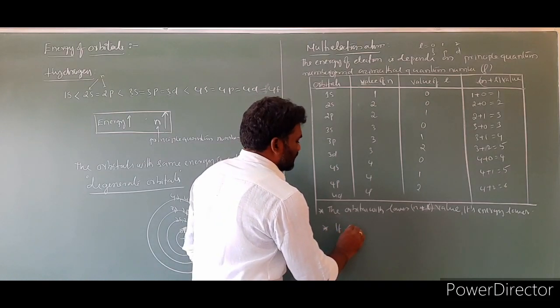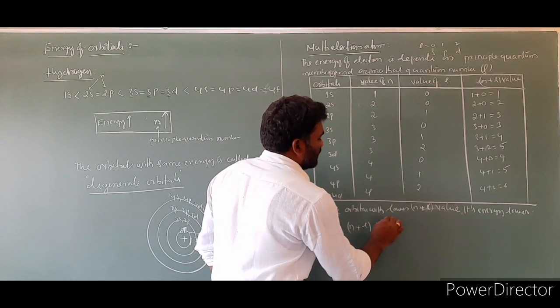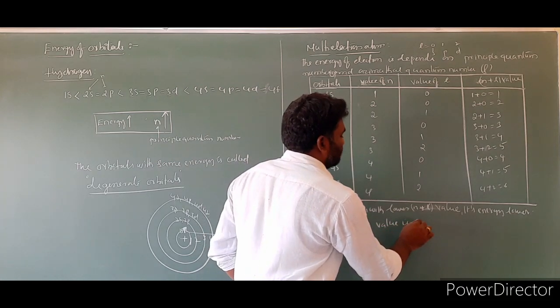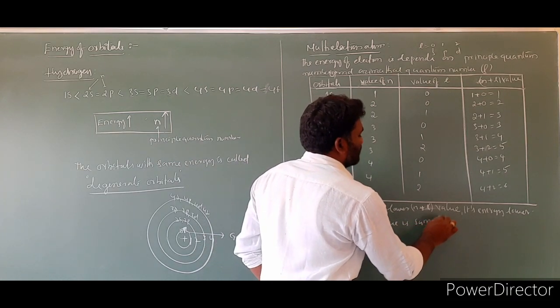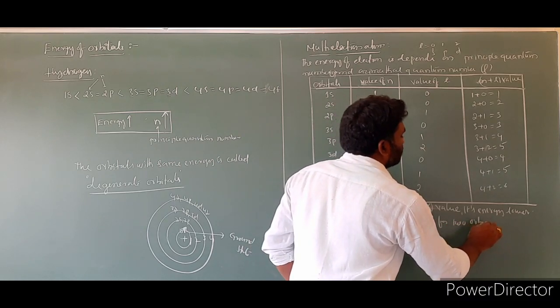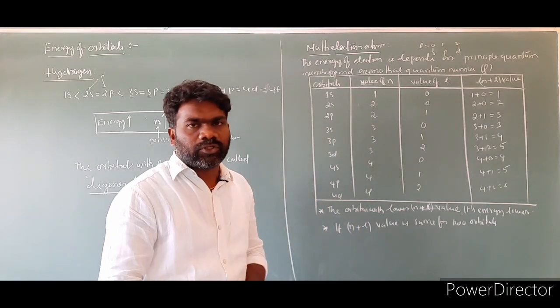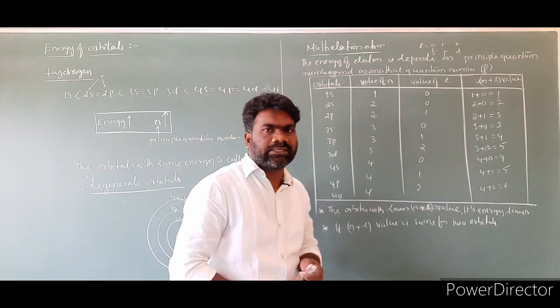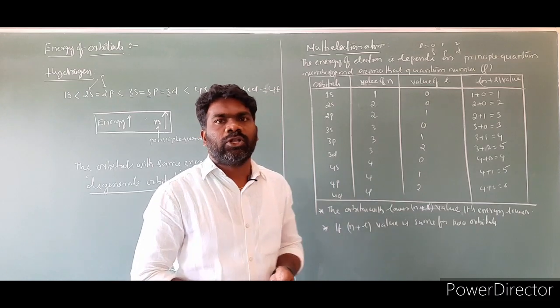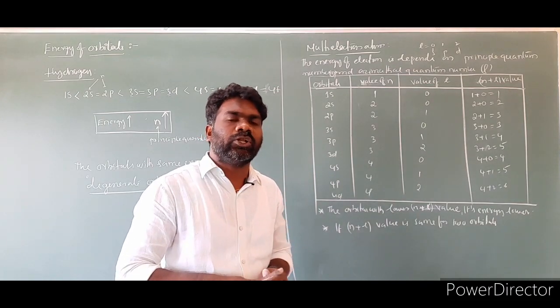If n plus l value is the same for 2 orbitals, in such a case the orbital with the lower n value has lower energy.